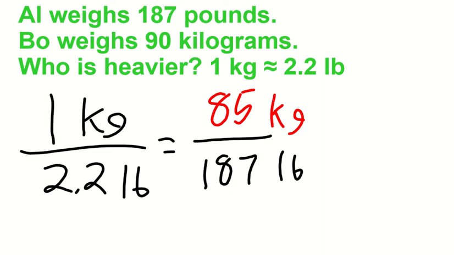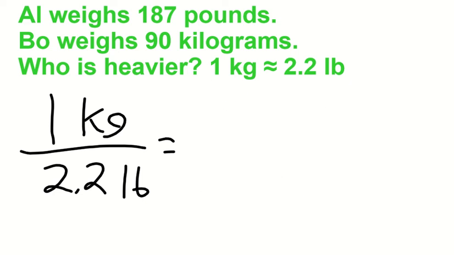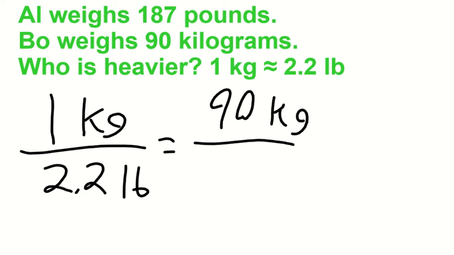If you did it the other way, you would take Bo's 90 kilograms, and it would go on top. You would do 90 times 2.2. What's that, 198? And that would give you 198 pounds for Bo, which again still puts him heavier.